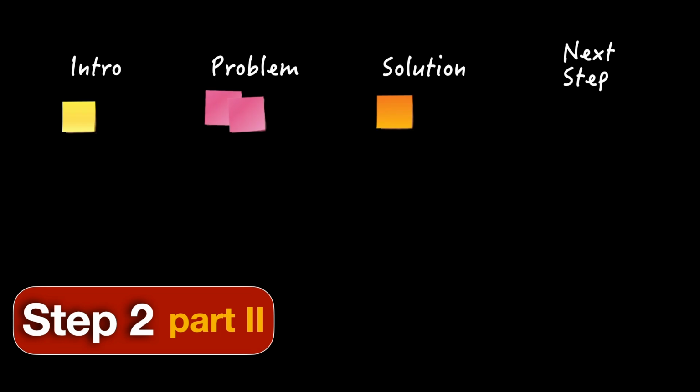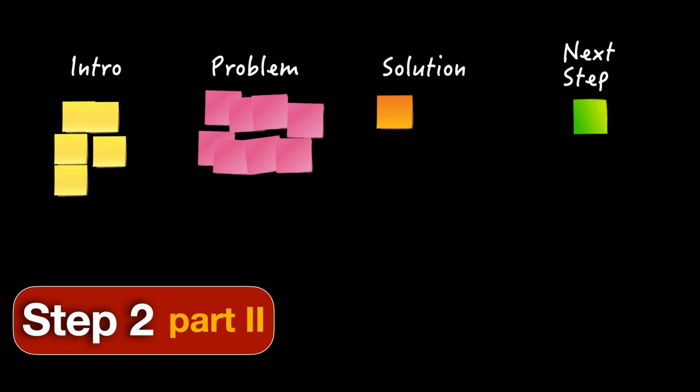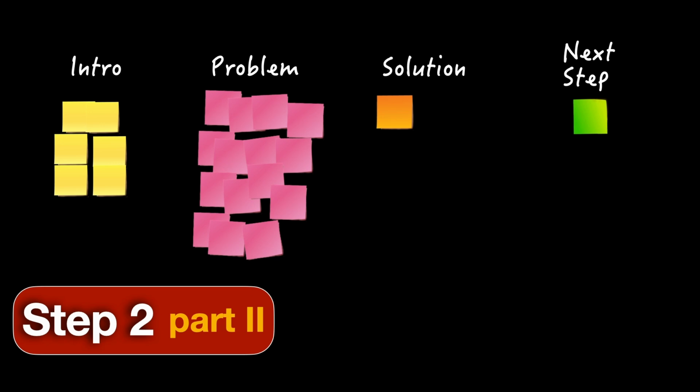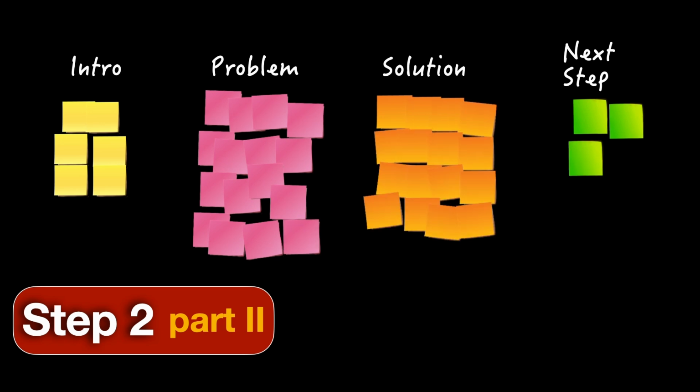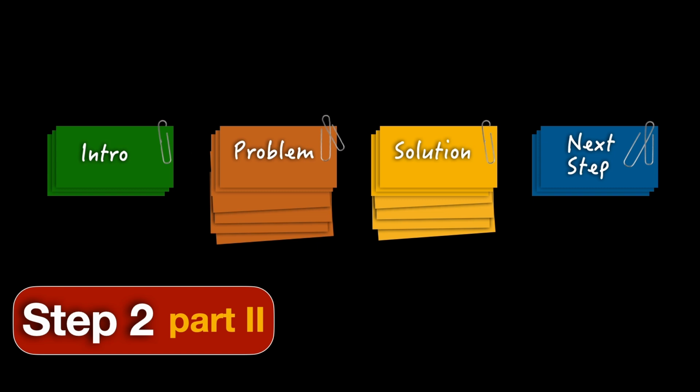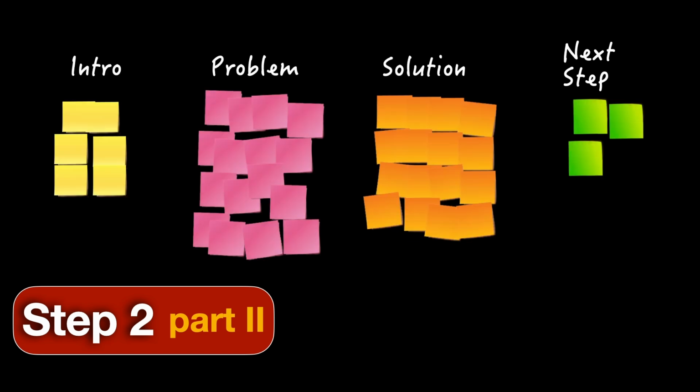So we take all these notes that we did as we were reading, and we try to get organized with them, right? So we have some ideas for our intro and different problems. I have that down, and some different ideas for the solution, and then the next step. And some people prefer to use 3x5 cards. That works fine as well. But I do it this way. So I use the sticky notes, and a lot of my students use sticky notes as well.